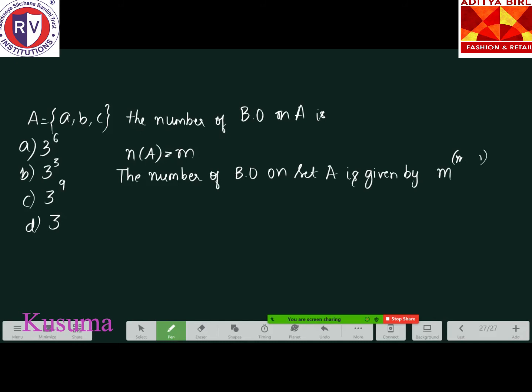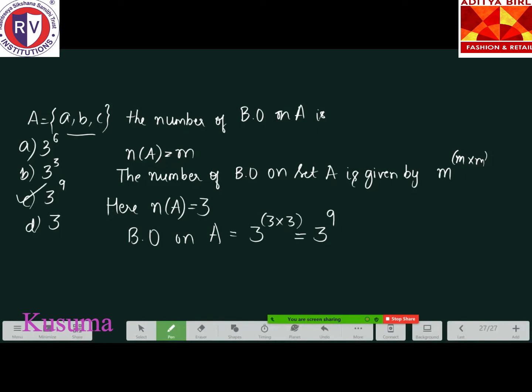Here the set A has 3 elements, right? That is n of A is equal to 3. So the number of binary operations on A will be 3 to the power of 3 into 3, right? Which is 3 to the power of 9. That is option C. Good.